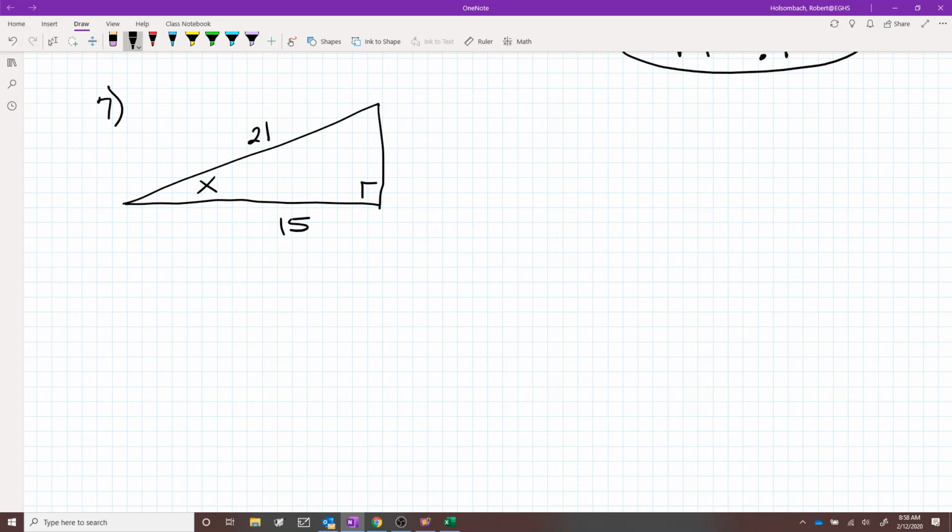In relation to this angle that you're working with, the two sides are the adjacent side and the hypotenuse side. Adjacent and hypotenuse.